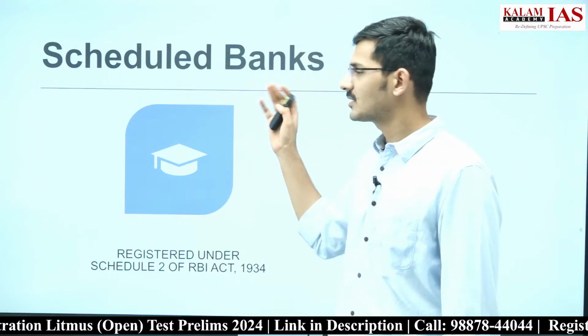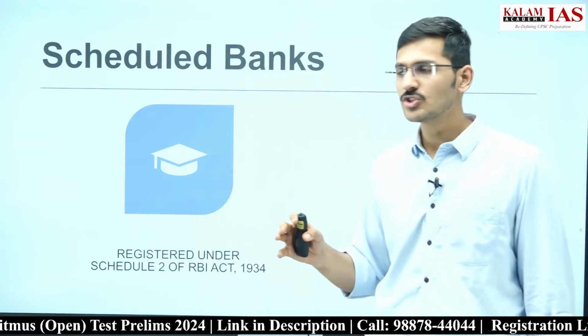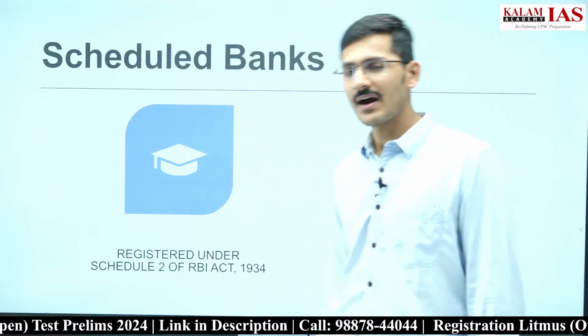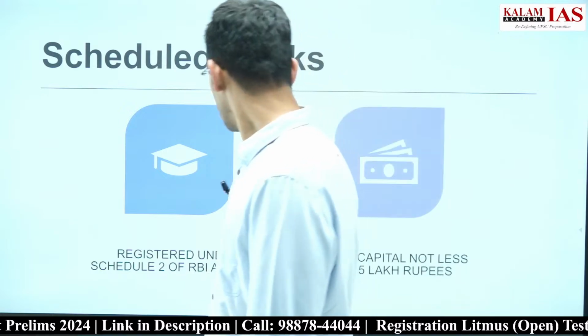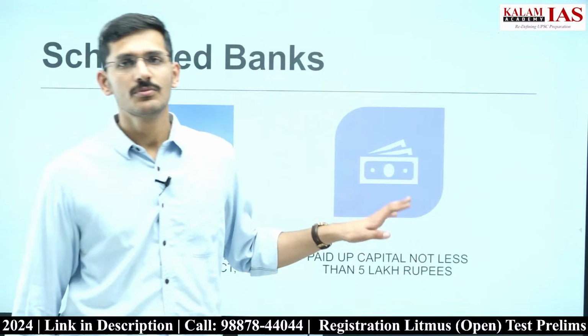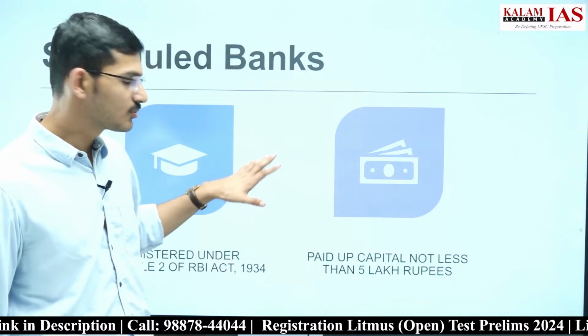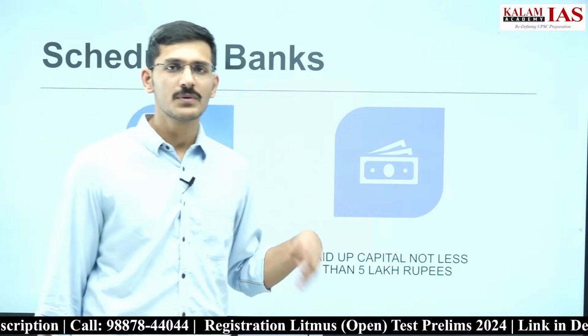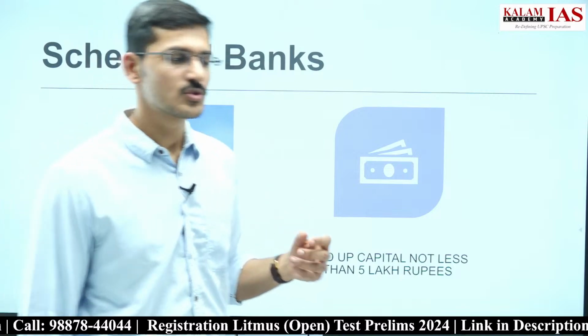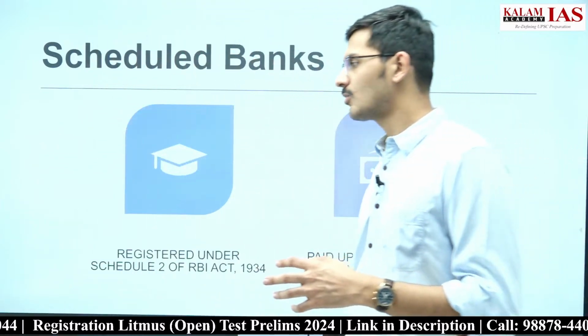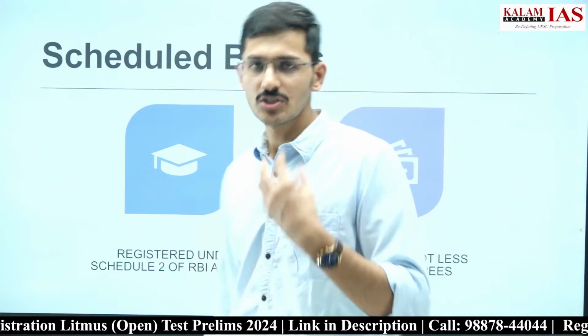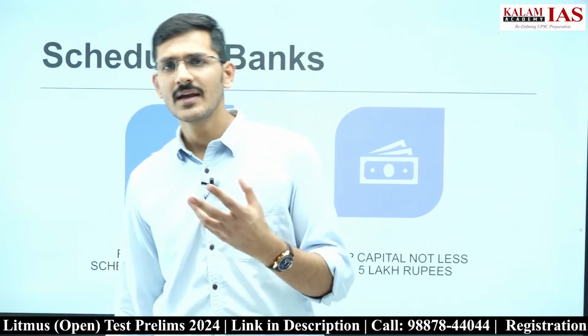So you have to ensure that scheduled banks are the banks registered under Schedule 2 of the RBI Act 1934, and the paid up capital of a scheduled bank is 5 lakh rupees or more. These are the two conditions of a scheduled bank. Almost 99% of commercial banks are scheduled commercial banks, except some land development banks and some local area banks. Apart from that, all the banks in India are scheduled banks.